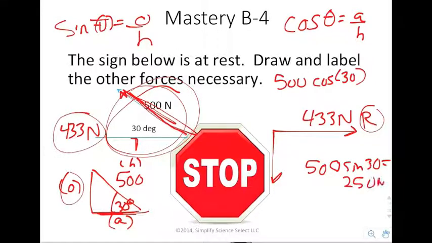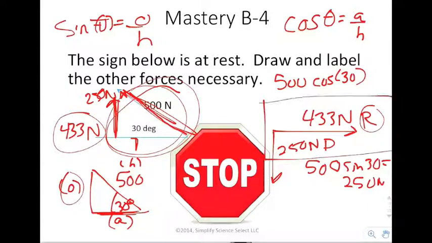That means there's a 250 newton force up. If there's a 250 newton force up, there must be a 250 newton force down. So our two answers are, in order to balance out the sign, you have to have a 250 newton force down, which is probably from the gravitational force of the sign itself, and a 433 newton force to the right, which means you'd have a second support pulling the sign to the right.